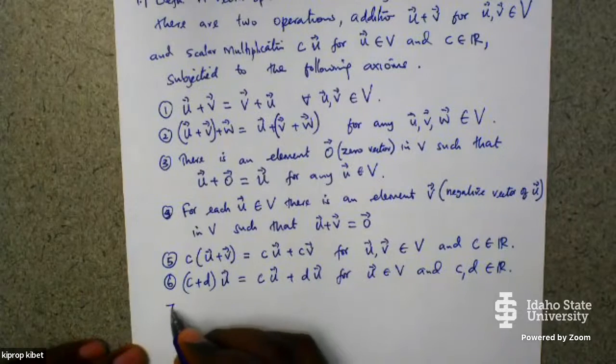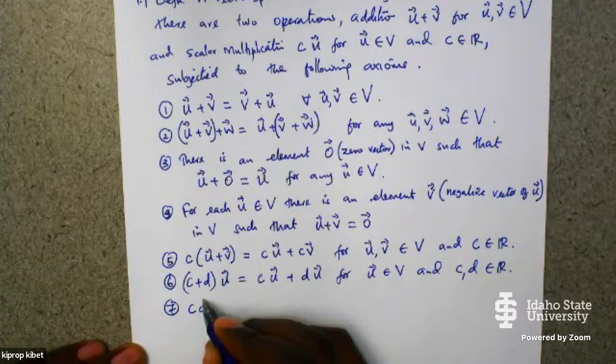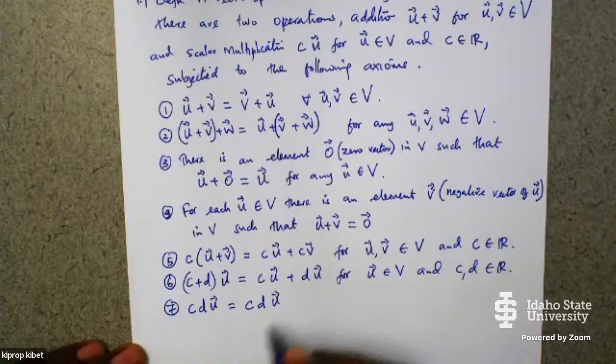Number 7, we have c times d times u, which is the same as c times d times u.